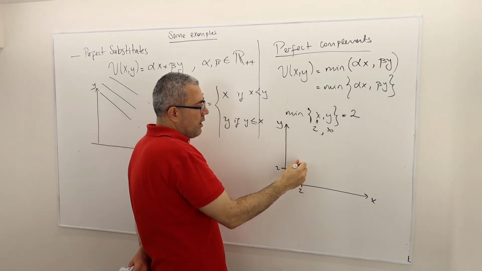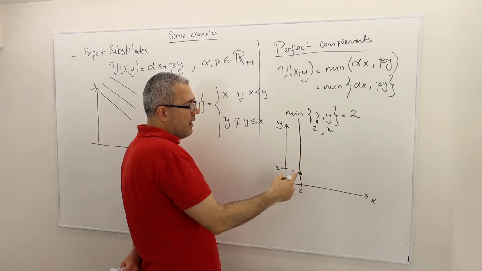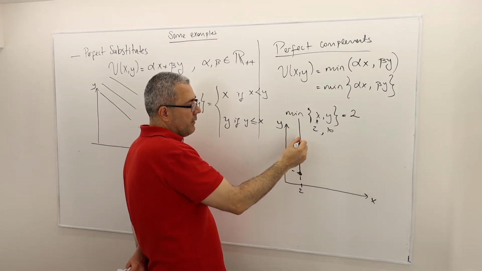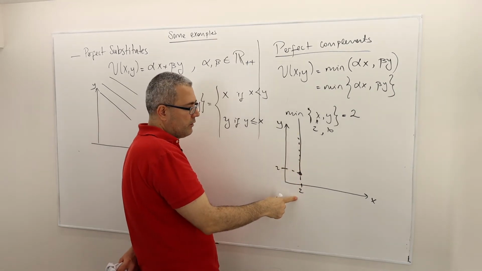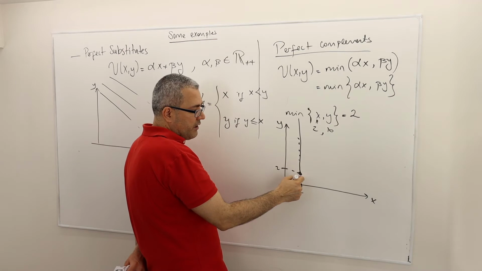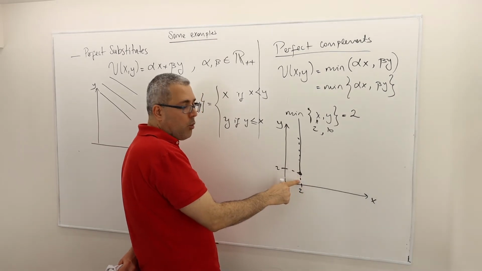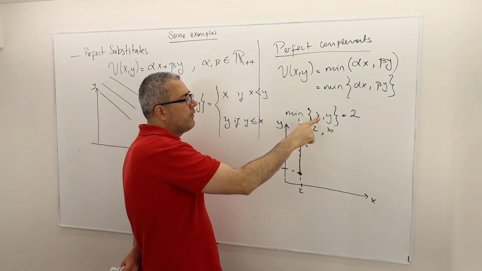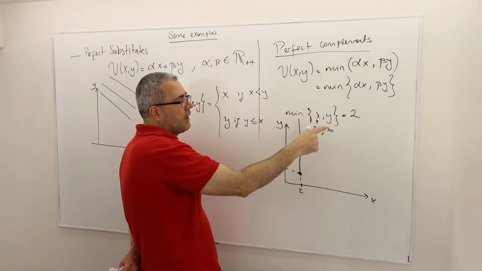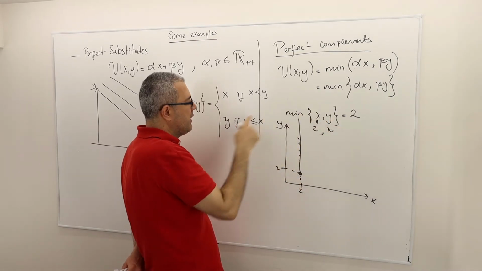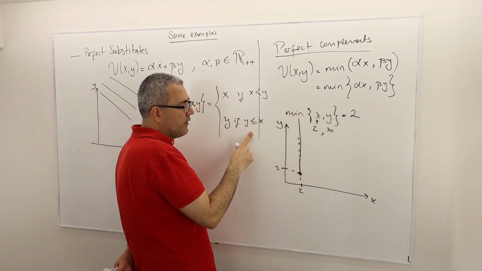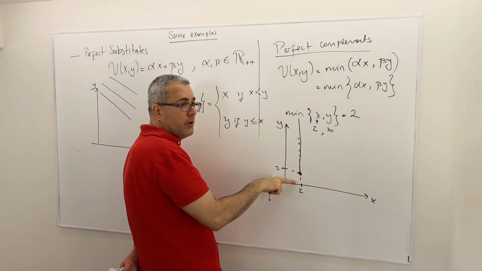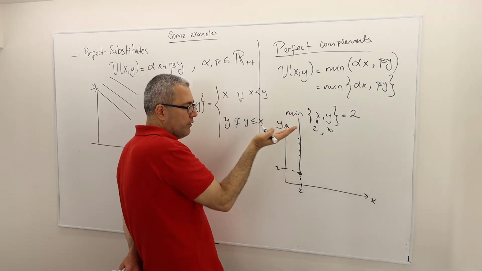So as long as y is greater than 2, all these points will be on the same indifference curve. But for y in this region, for example, y equal to 1, the minimum of 2 and 1 is not going to be 2 any longer because y is now less than x. So I cannot go below 2. So y has to be greater than or equal to 2.